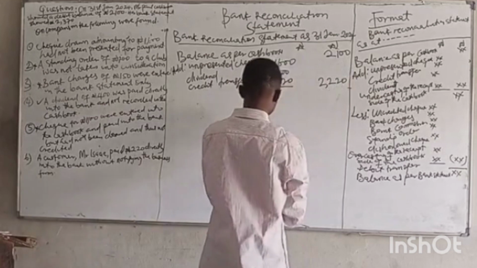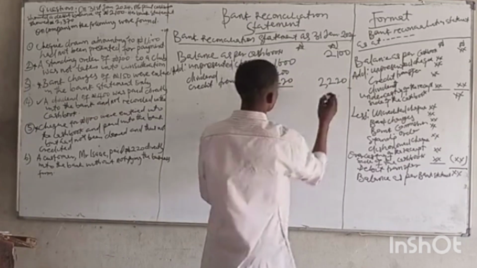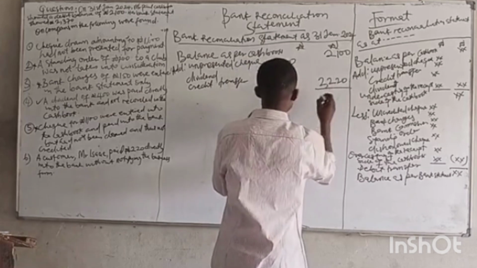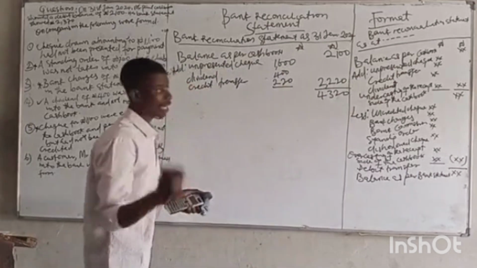When we add it plus 2,100, we have 4,320. Then now we less.